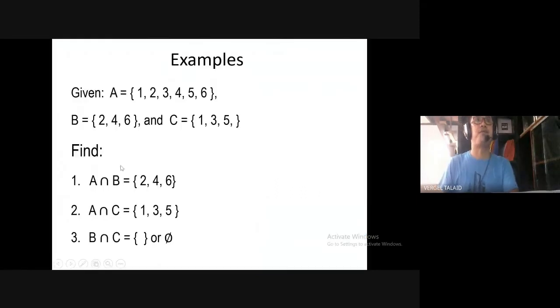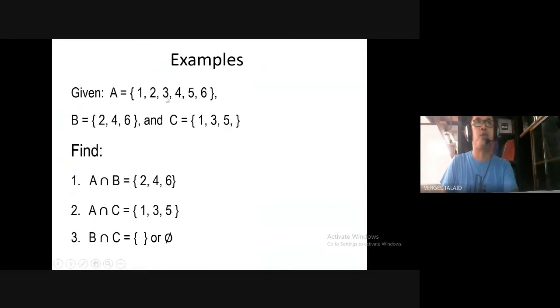For example, given that A has elements 1, 2, 3, 4, 5, 6, B is 2, 4, 6, and C is 1, 3, 5. What is the intersection of A and B? The common elements of A and B are 2, 4, 6.